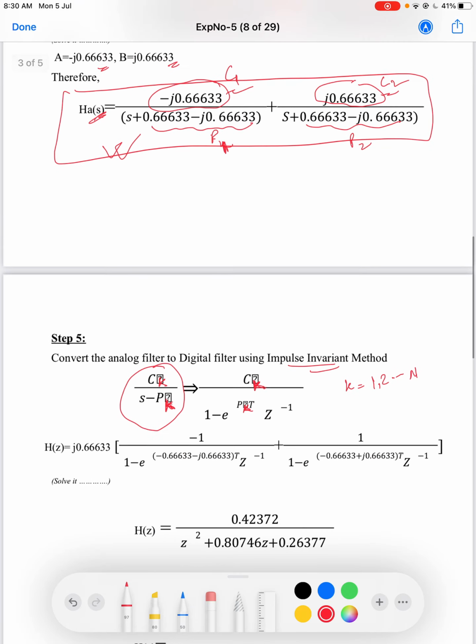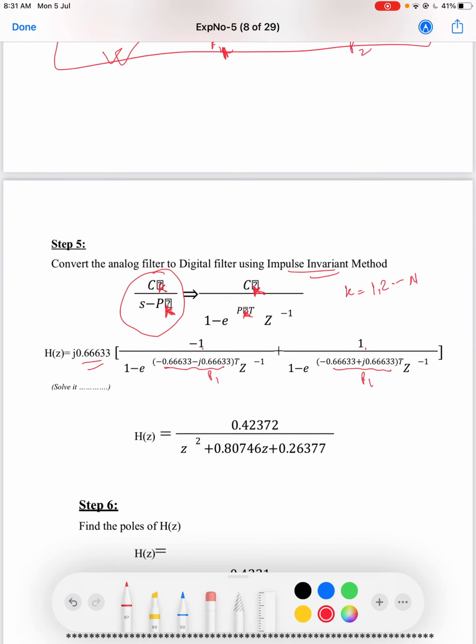I've substituted here. This is my pole pk, this is p1. Please keep in mind this is s plus, so your poles are the opposite sign to that. This is my p1 value. My C1 and C2 are almost the same values, so I've taken them out and just put the minus sign and the plus 1 here.